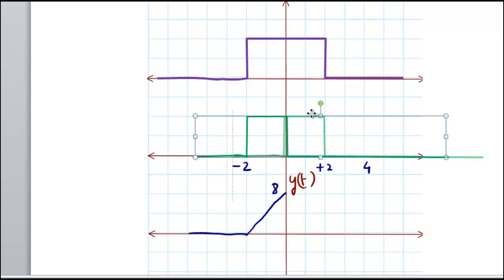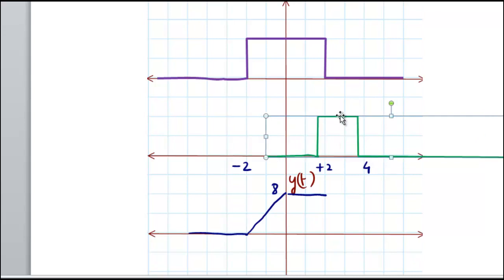It will move up till here also, it is also 8. That means when it has reached +2, up till +2, its value is going to be 8. And then when the signal slowly moves out, its value keeps on decreasing until it reaches 4, and then basically its value goes straight.